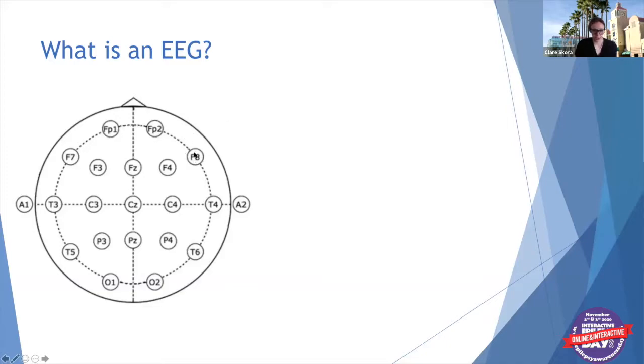And so the letters, for example, mean frontal, central part of the head, temporal for T, P is parietal, O is occipital, and those correspond to the various areas of the brain. So that's a schematic of a traditional montage, what we say, of where we put electrodes on the child's head.